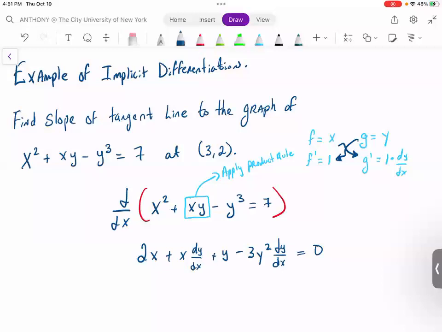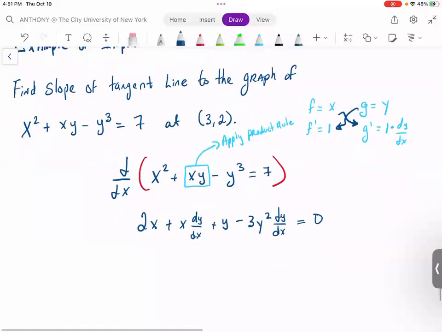Now what you're going to do here is rewrite this in terms of dy/dx. First, the terms that do not have a dy/dx, you have to move to the other side of the equation. So what terms do not have a dy/dx? The positive y and the positive 2x.